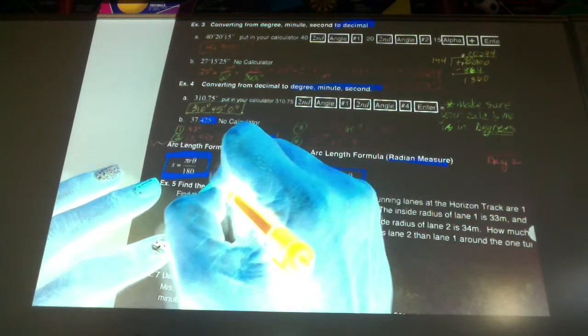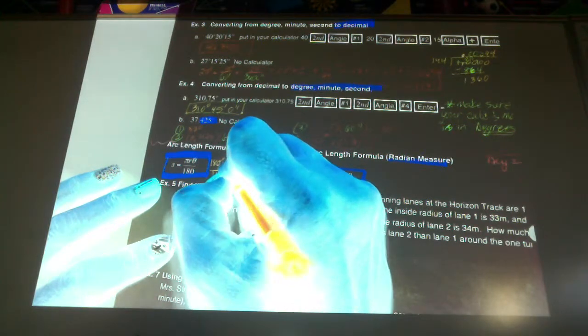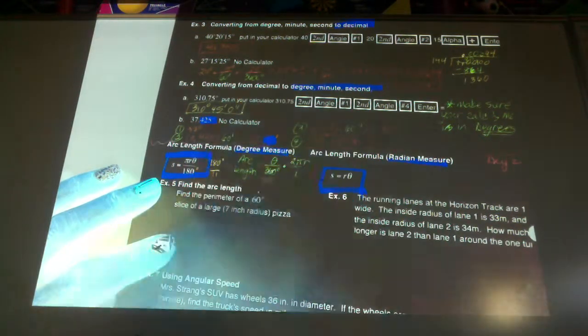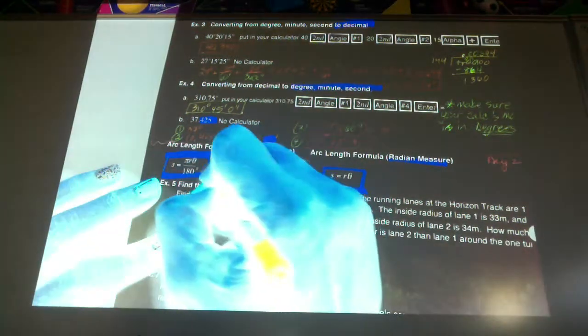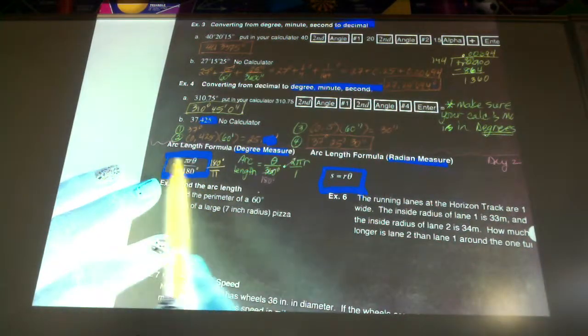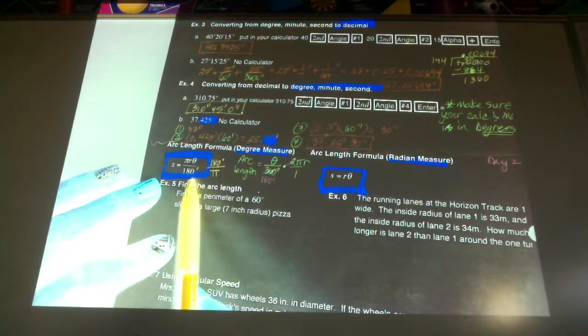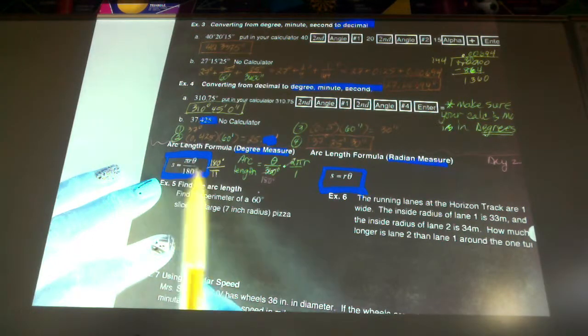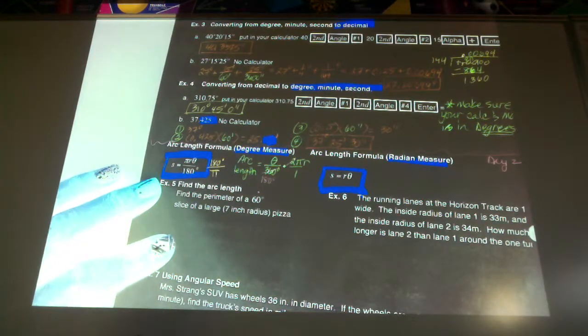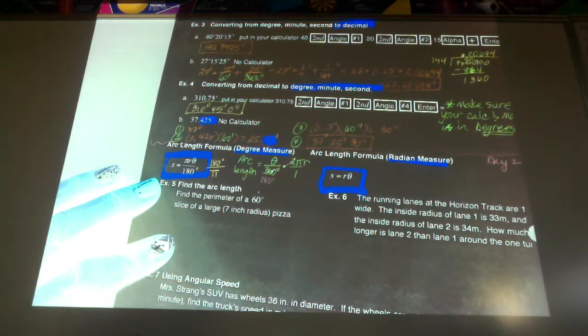So my pi is here, is it not? My 180 is here. And that's going to get rid of my degrees. Whatever I want to get rid of has to be diagonal. So won't the 180 and the pi cancel out? If I want to get rid of degrees, the degrees has to be diagonal. So those are going to cancel out, but so will the pi. Aren't I left with just r theta? Yes. So when I convert from degrees over to radian measure, that's how we got the r theta.